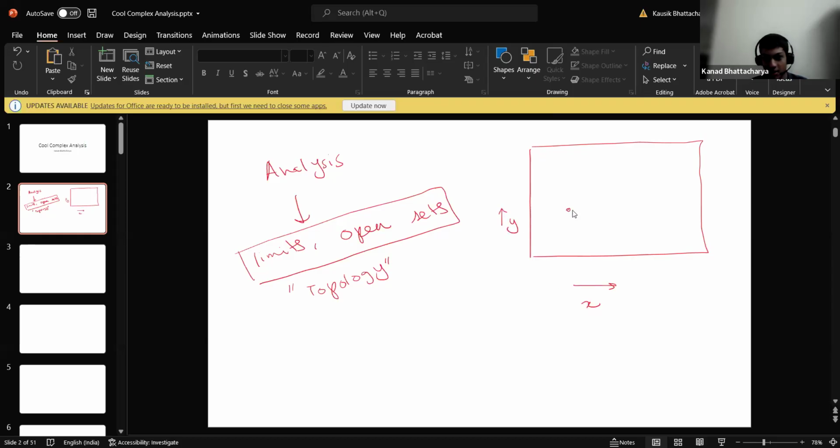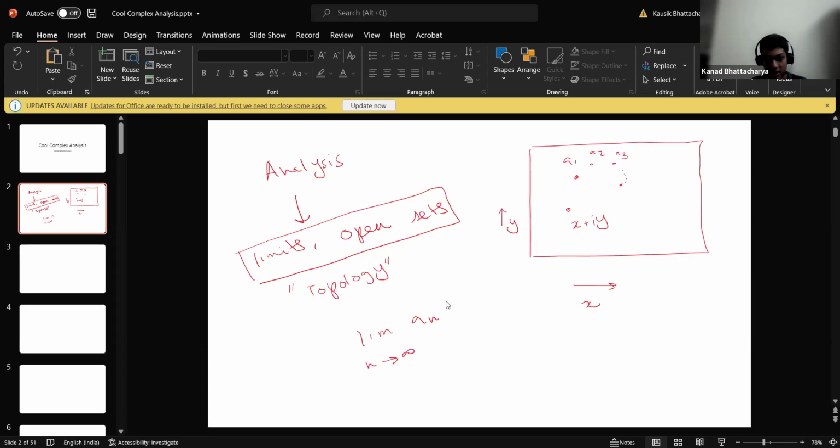So this point is x plus iy somewhere in here. What a limit means is that, let's say you have points a1, a2, a3, and so on. They come together and they seem to converge at some point, right? So how do we really formalize this notion of the limit of a sequence?